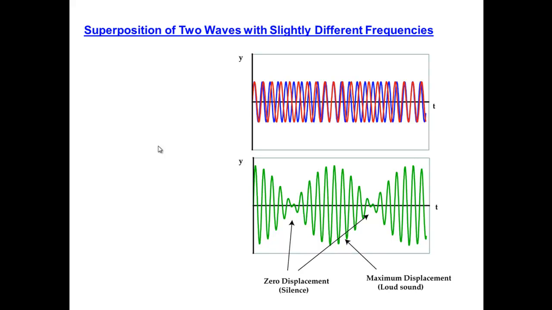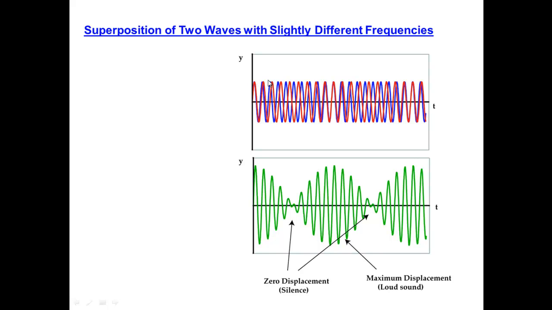All right, there's another kind of interference that we can have for two waves, and this is the case when we have two waves that have slightly different frequencies. Not that their phase is different, but that the frequencies are different. In the upper graph you can see that these two waves, the red and blue, started out right together in phase. In fact, the very first oscillation, you can't even tell the difference.